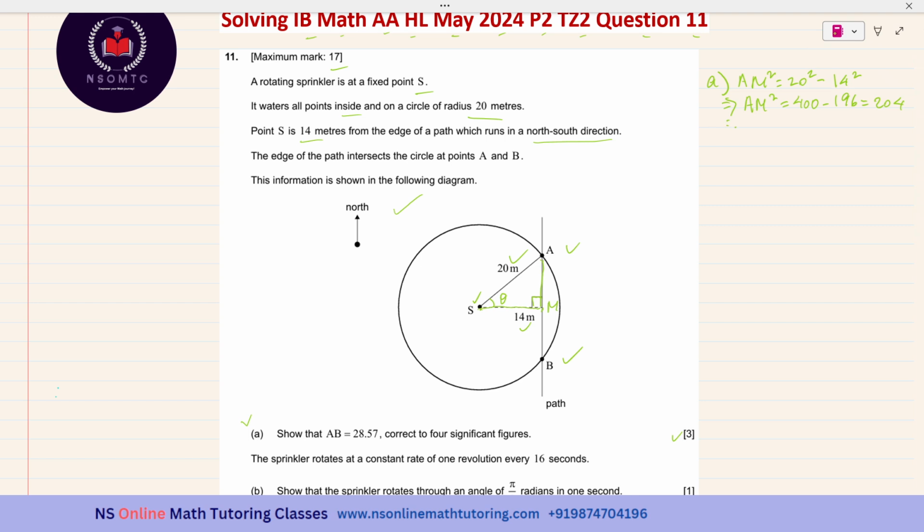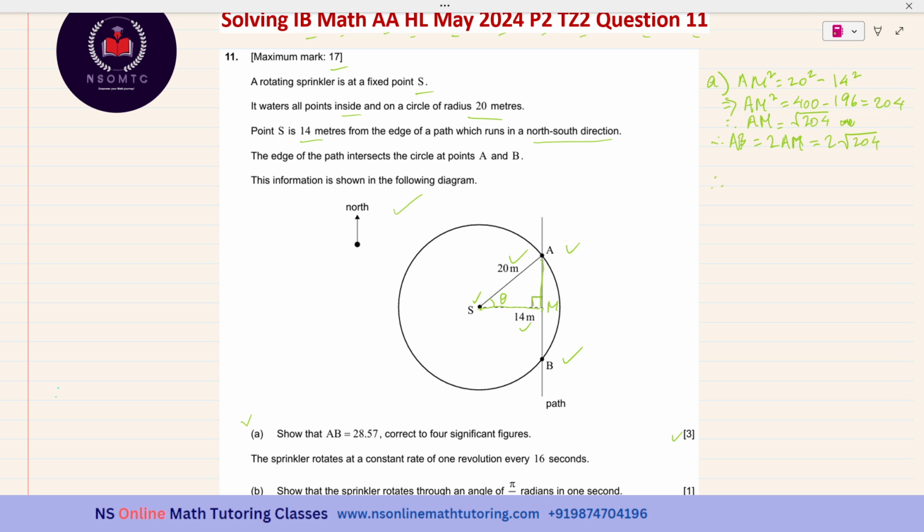So therefore AM is equal to square root of 204. I am not taking plus minus because the length cannot be a negative number. Let me just write EB because I need EB. So therefore EB equal to 2 AM is equal to 2 times square root of 204.